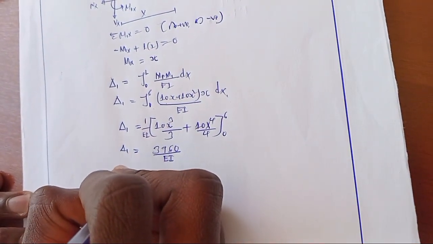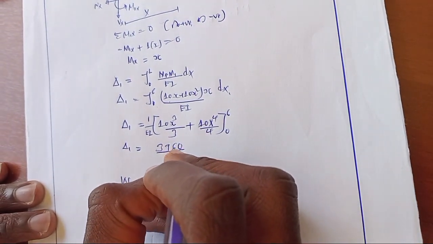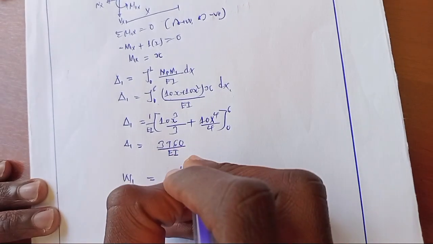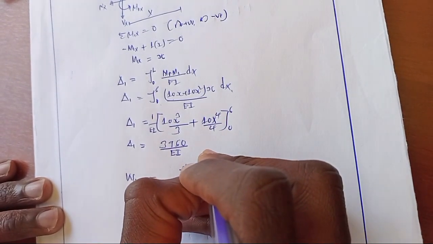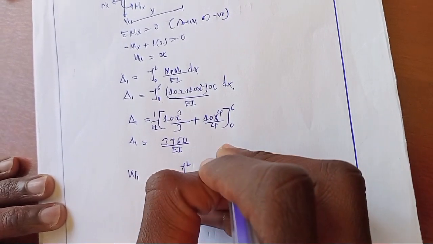So let's calculate the internal energy. Internal energy at section 1.1 will be the integral from 0 to L of moment due to applied load times moment due to applied load over 2EI.